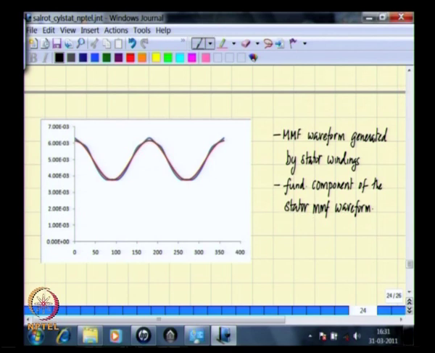And what we are saying therefore is that let us start by assuming that this variation of MMF that happens as you travel around the stator is sinusoidal in nature. That is what we mean by the fundamental component of the stator MMF. So, we are assuming a sinusoidal variation around the air gap.